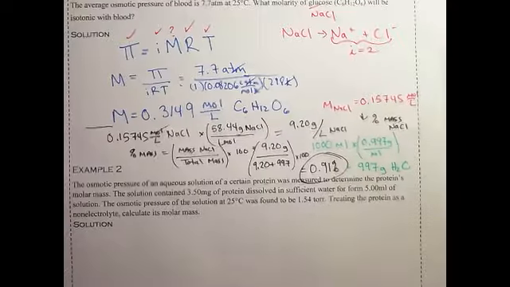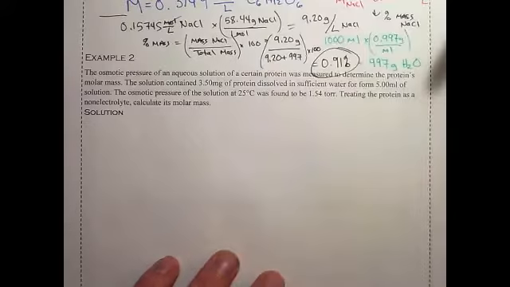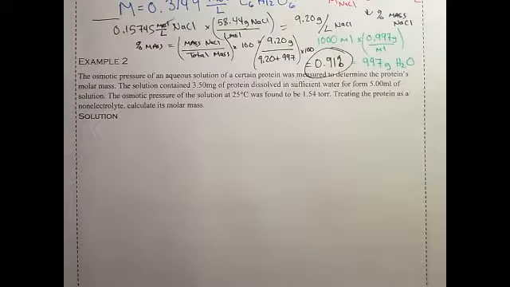So let's go down and have a look at the second example question. It says the osmotic pressure of an aqueous solution of a certain protein was measured to determine the protein's molar mass. The solution contained 3.50 milligrams of protein dissolved in sufficient solution to produce 5 milliliters of that solution.